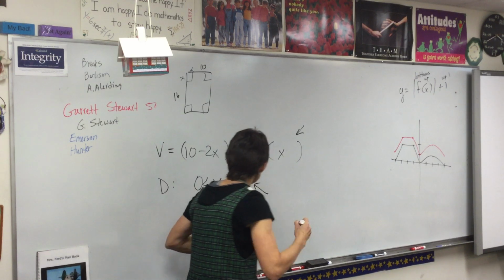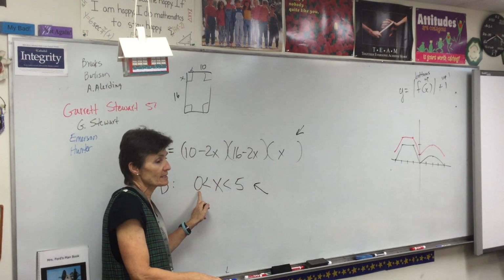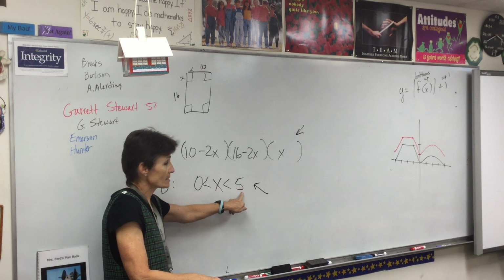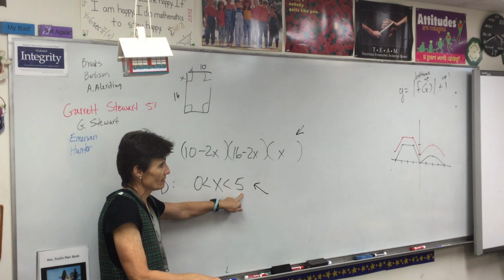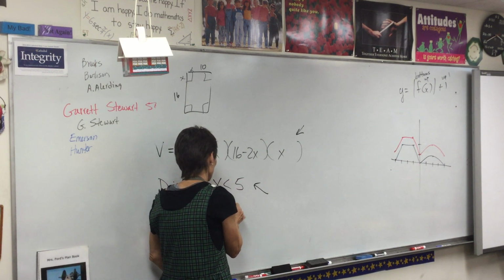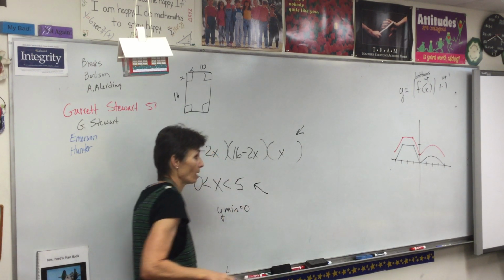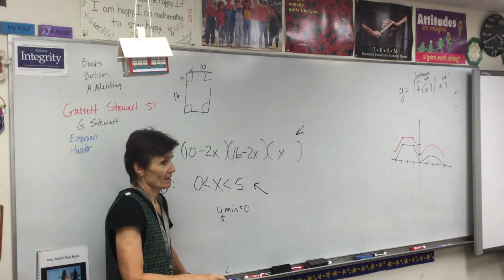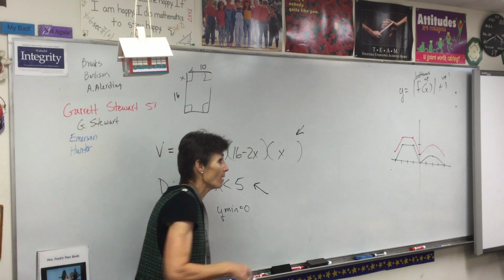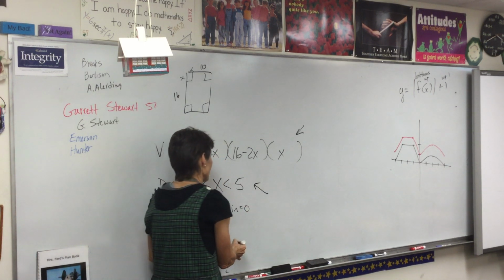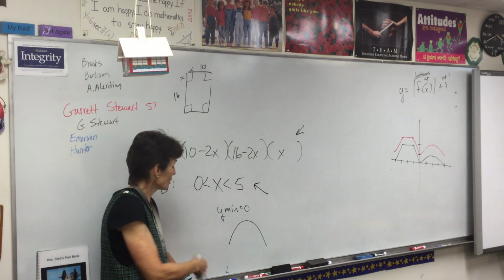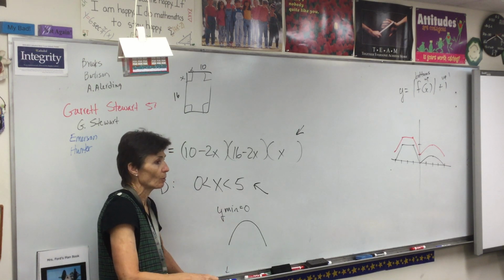And in terms of setting up your window, this 0 is always x min. This number is always x max. Y min, because y is the volume, y min is always 0. And what's y max? A guess. Yeah, I mean, you guess. And what do we need to see? We need to see the top of the hill when we hit graph.